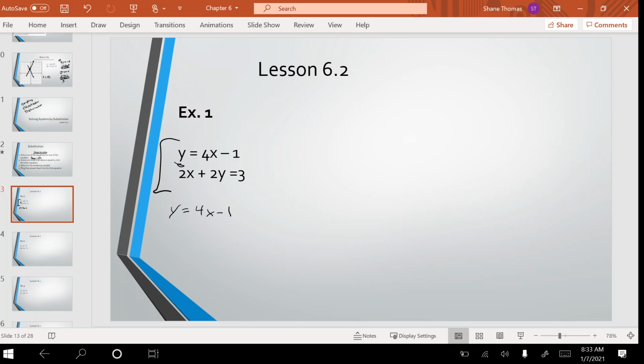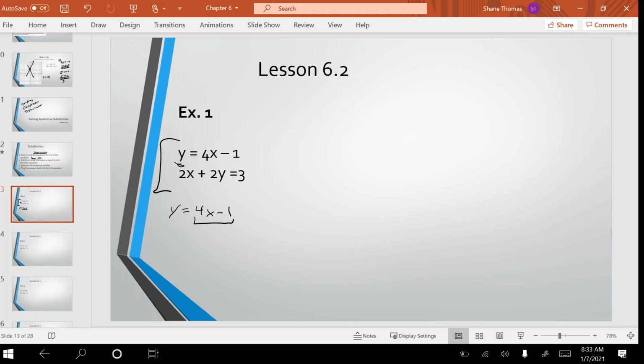Then I would solve it for a single variable. It's already there. I'm good. Agreed? Y is completely by itself. Y equals 4x minus 1. So I'm going to box it. Think of last night in your homework, if you got x is 3 and y is 4 as your point, and then you wanted to check it, what did you do?